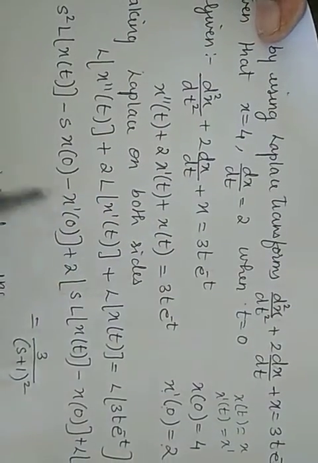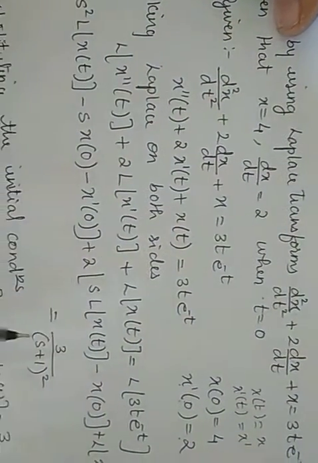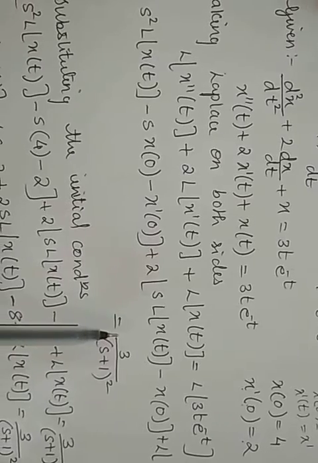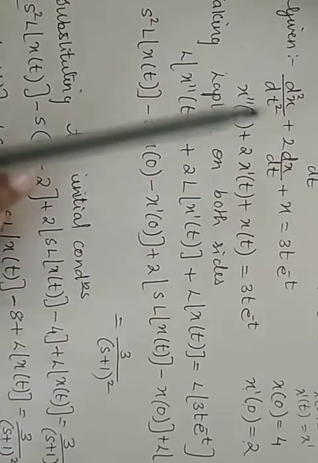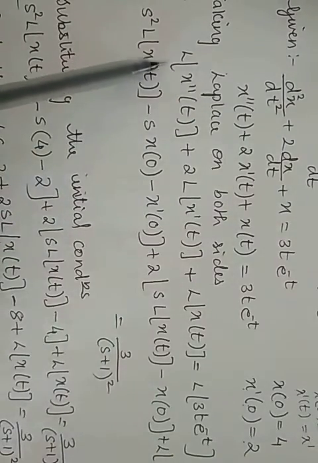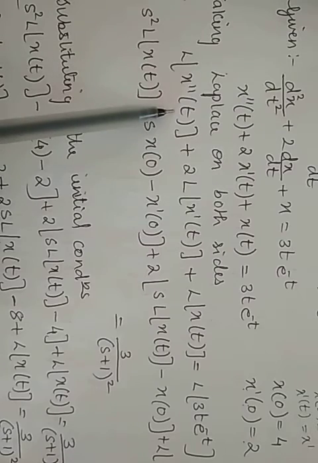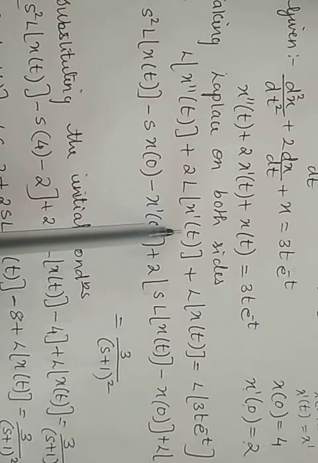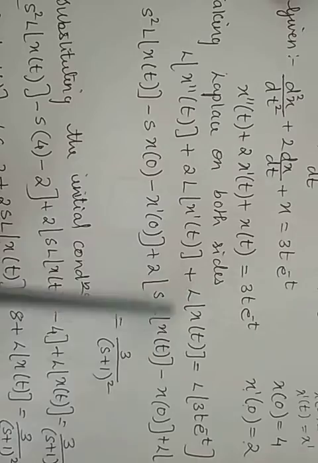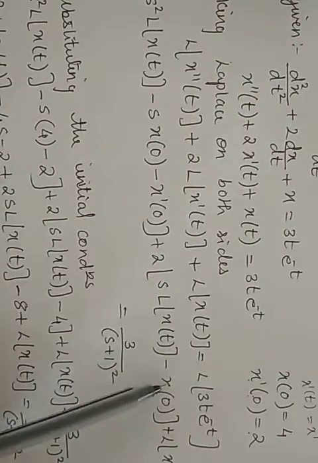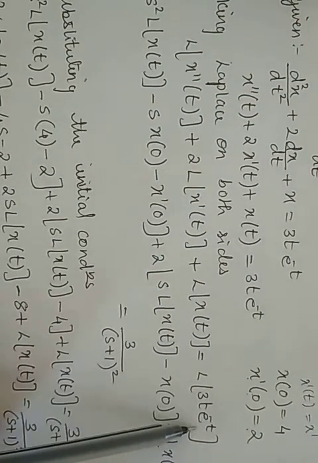Now taking Laplace on both sides: Laplace transform of x double dash of t plus 2 into Laplace transform of x dash of t plus Laplace transform of x of t is equal to Laplace transform of 3t into e raised to minus t.